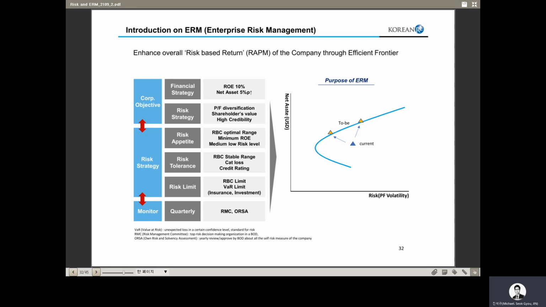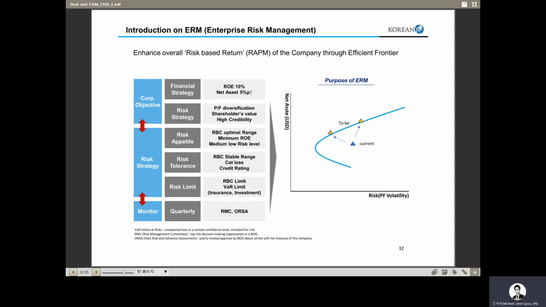For the corporate objective in financial strategy, we are targeting, for example, ROE over 10% and net asset increase of 5%. And for the risk strategy, we are pursuing portfolio diversification, increased shareholder value, and high credibility.